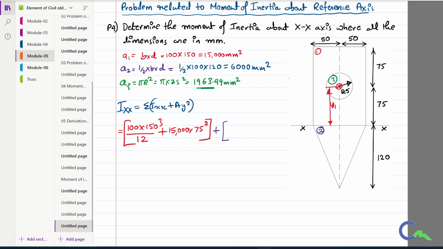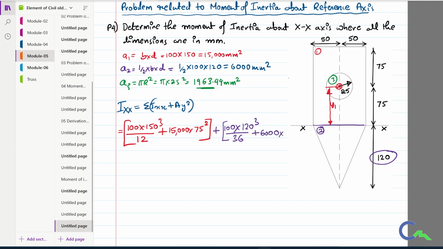The B value of the triangle is 100 and the D value is 120, so 120 cube divided by 36. Then the area of the triangle, 6000, we already calculated in the previous step.